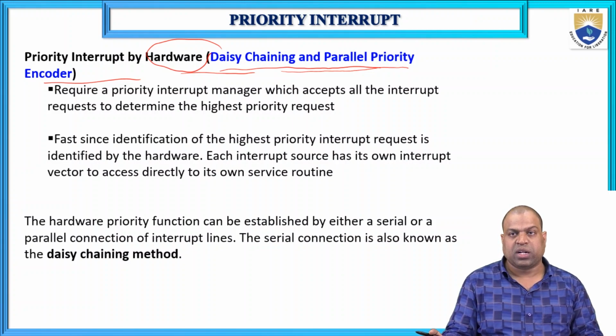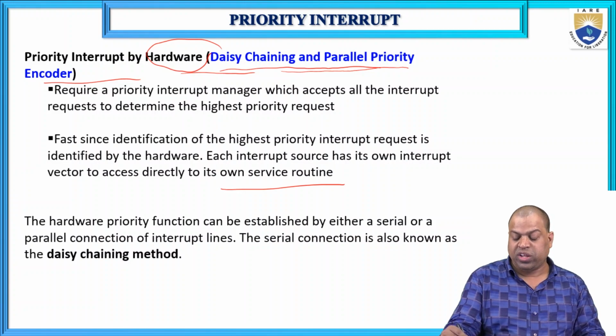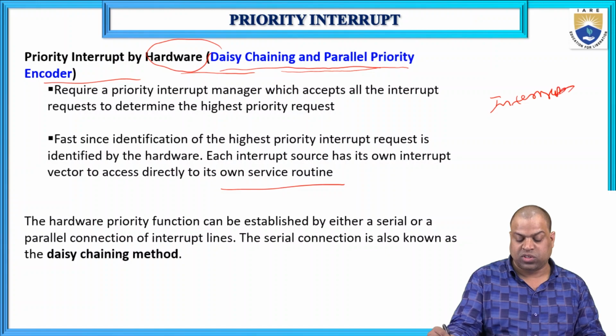So the interrupt manager accepts all the interrupt requests to determine the highest priority request. The identification of the highest priority interrupt request is done by the hardware, and each interrupt source has its own interrupt vector to access directly its own service routine. So every interrupt has its own interrupt priority.